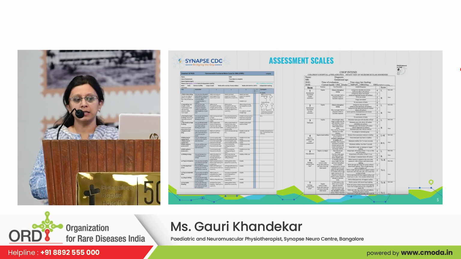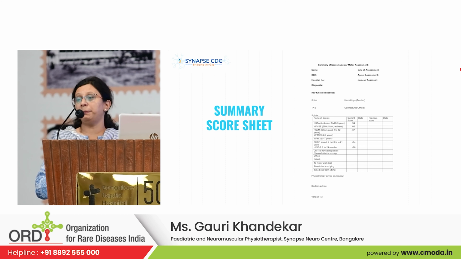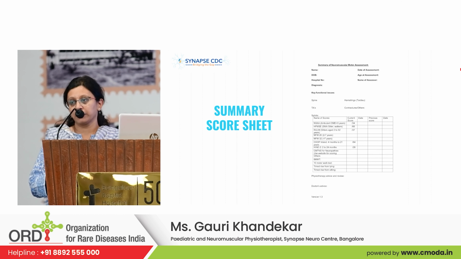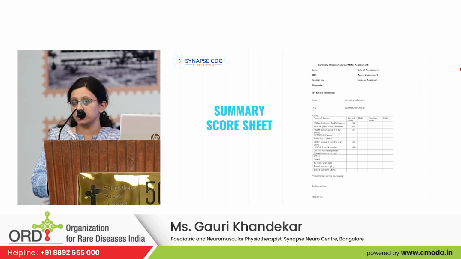This is a summary score sheet, how it looks. It always has a previous score with the date, so that the doctor, mainly the pediatric neurologist, will come to know how the disease is progressing. Is there any improvement in the scores, or a deterioration, or is it the same? So how is the child progressing?